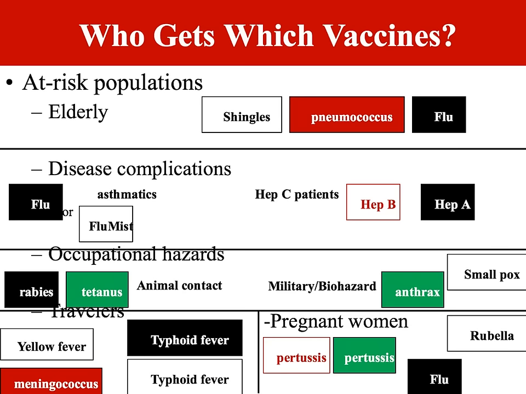And then the final at-risk population that gets special immunizations are pregnant women. Pregnant women usually get flu shots for the simple reason that pregnancy as a condition tends to be fairly immunosuppressive. People don't usually think of it that way, but it makes quite a bit of sense if you think about it, right? You've got something growing inside pregnant women that is an adorable mix of a parasite and a tumor.